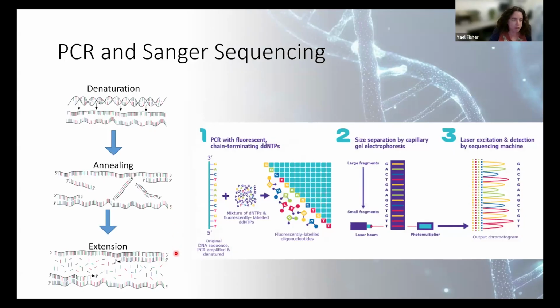We talked about PCR that really started this whole thing. Continued with Sanger sequencing that used fluorescently labeled nucleotides that terminate the replication of DNA and are then read into a complete sequence.